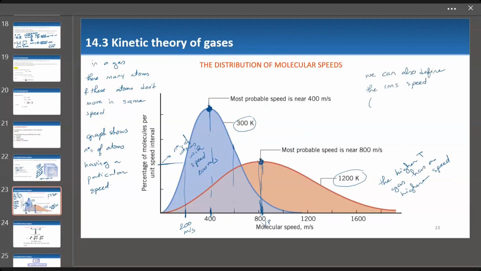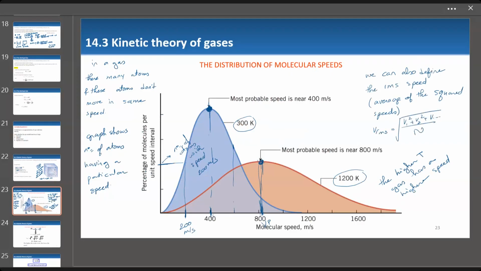This is basically the average of the squared speeds. VRMS is basically the square root of V1 squared plus V2 squared plus so on, over the number of atoms. This is the root mean square of all of the speeds, so it's a sort of an average of all of the speeds that we have.